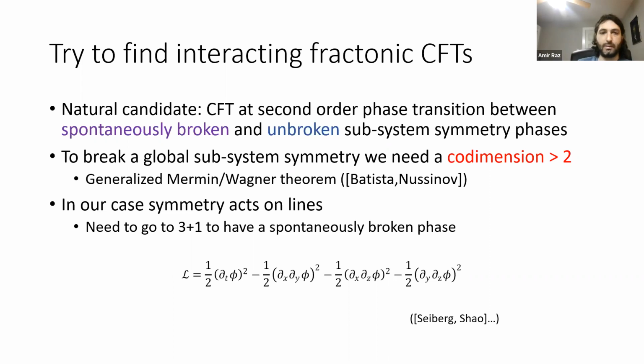Also it might be easier to understand if the symmetry is broken or not, because you have Goldstone modes or you don't. While if you're looking at a discrete symmetry, it might be slightly harder to understand if the symmetry is broken or not. But that's definitely an option, and that would also be very interesting to do. Okay, good, thanks.